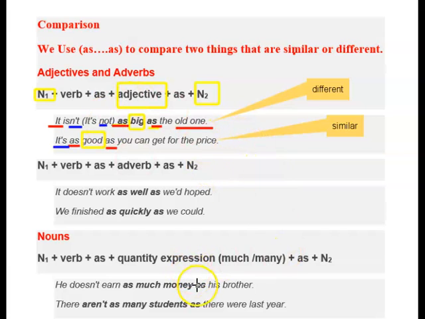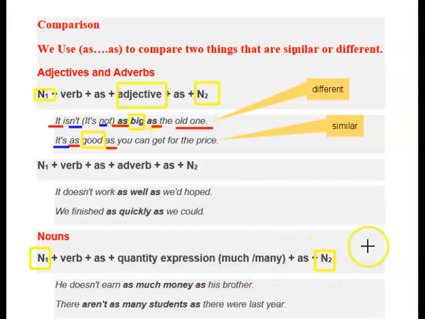Okay, now with nouns, okay, we use again noun number 1 and noun number 2. See, noun number 1, noun number 2 are the same thing. Okay, in the same way. And we have as, and we have not an adjective, we have a noun.